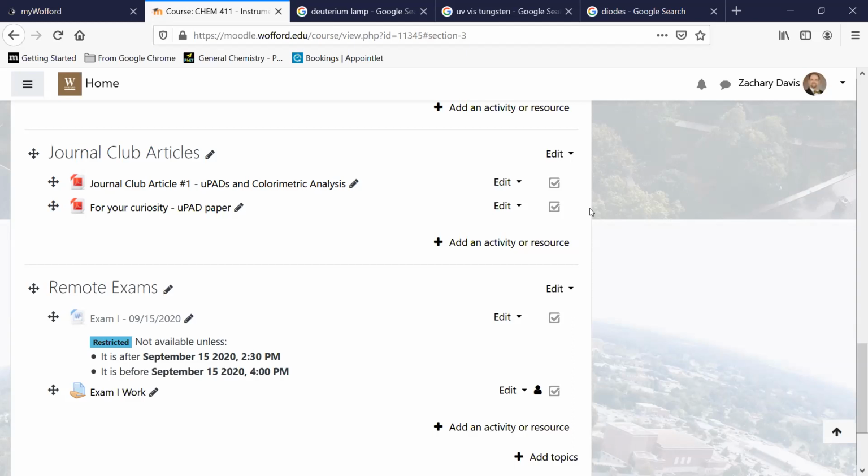And so what I want from you, and I'll add it to Moodle as an upload, is just a short paragraph that summarizes what the paper talked about, just so I'm sure you read it, and then a short paragraph of your response and your feelings about it.